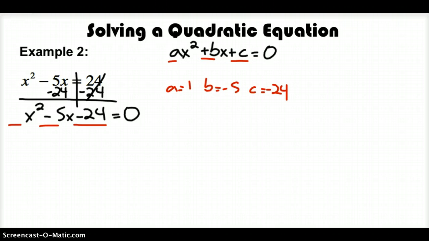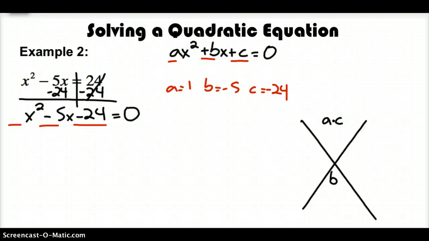Okay, so remember, I'm looking for these two numbers that multiply to A times C but add to B. Right, so A times C in this case is negative 24. My B term here is negative 5. Okay, and I'll write out my factors of negative 24 here. Right, so I can multiply 1 and negative 24, or negative 1 and 24.